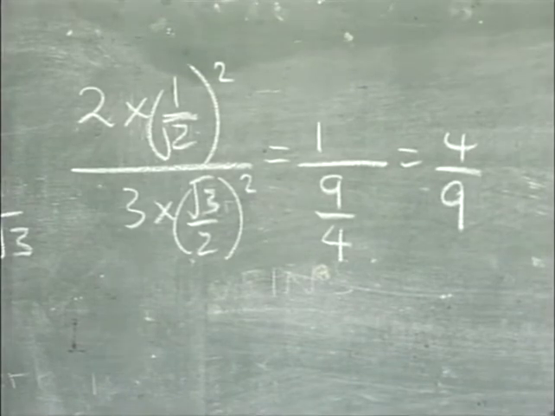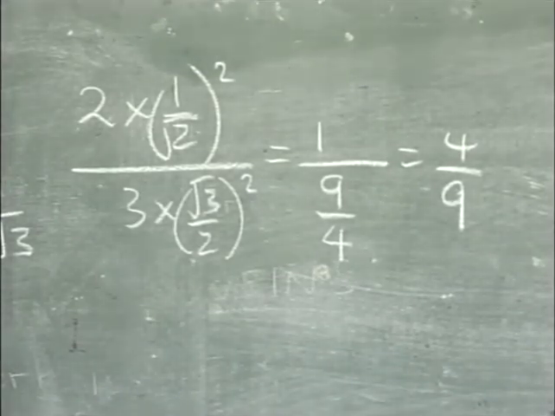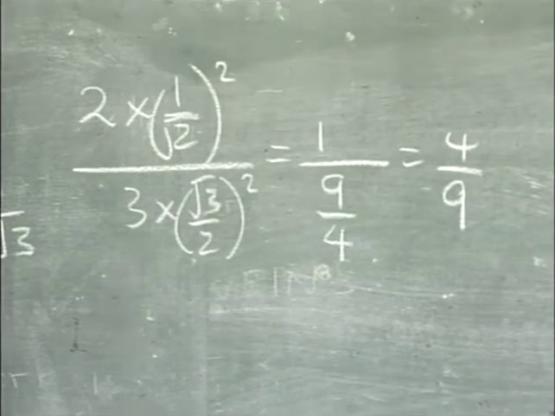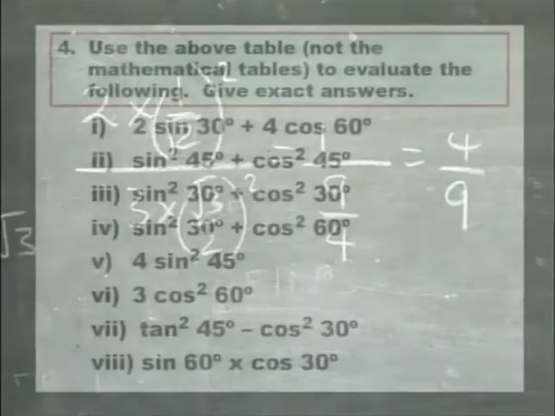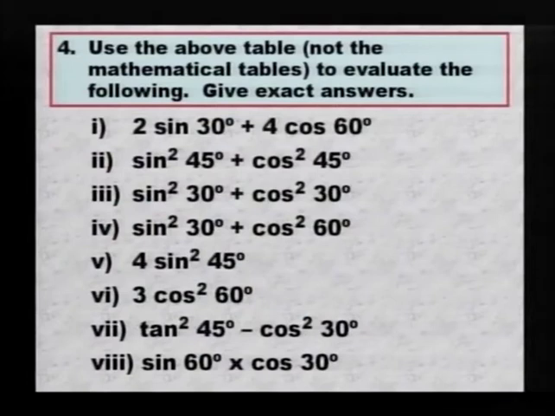Any other questions? Please put your hand up. And question 7. Where is question 7? Okay, question 7 states I am to find tan squared of 45 and then subtract the square of cos 30.